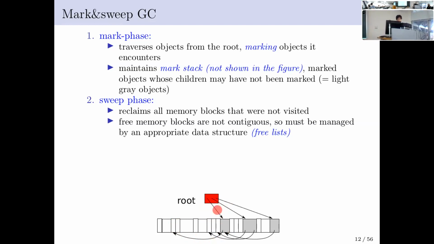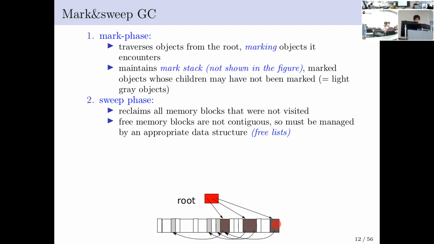To that end, the mark phase continues by picking up any object that has been visited, that has been marked, and finding other objects directly pointed to by the object you just picked up. You simply continue doing this. You do a similar thing on this object to find two more objects that are reachable.